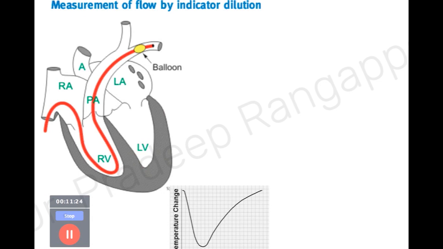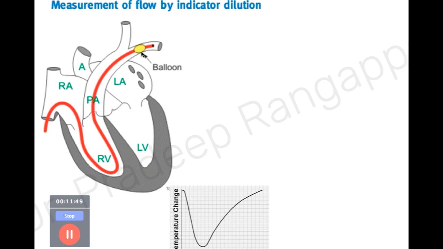The conventional, popular modality for measuring cardiac output is by creating a thermodilution curve using a PA catheter. If you look at this picture, this red line you see is the PA catheter, which goes from the RA to the RV to the pulmonary artery and to the distal pulmonary artery where it wedges.